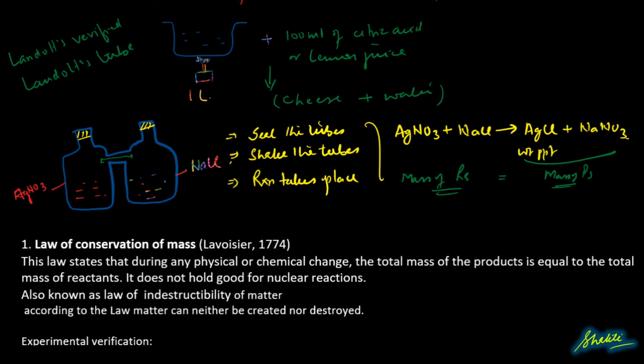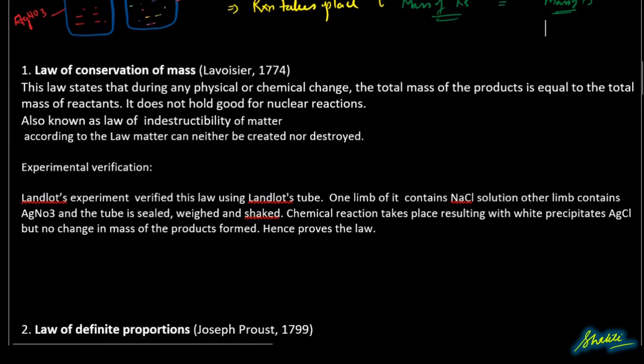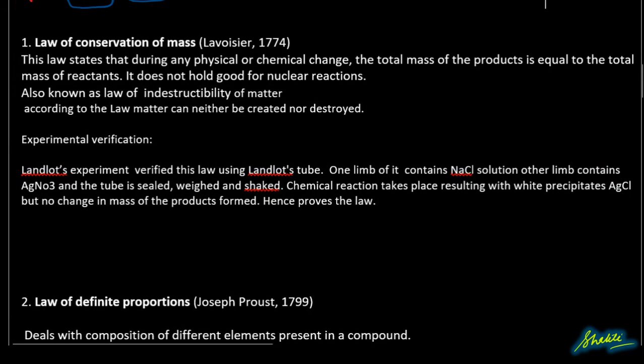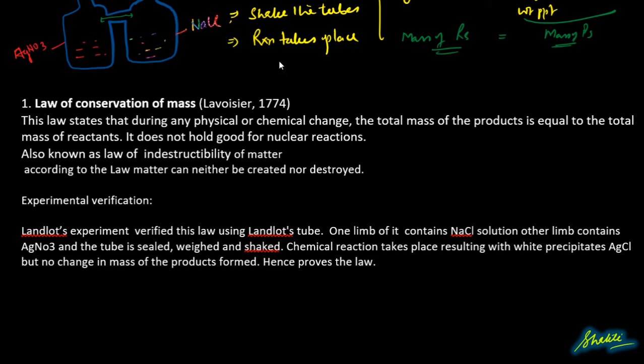Now here you can see the detailed note and can take your screenshot and note these points. I'll read for you. Law of conservation of mass, that is given by Antoine Lavoisier in 1774.